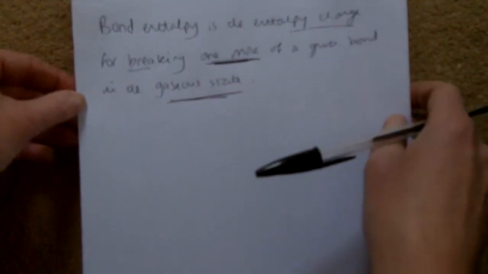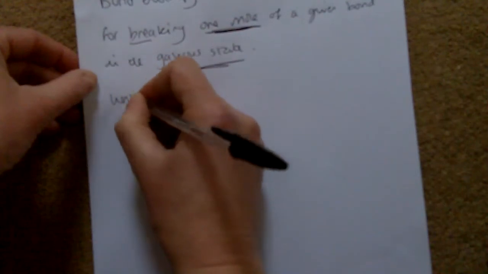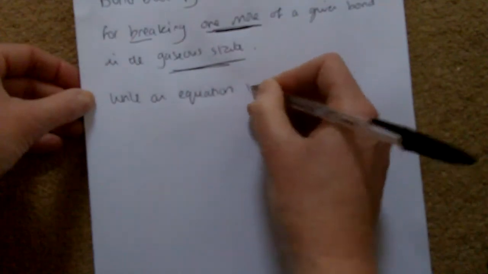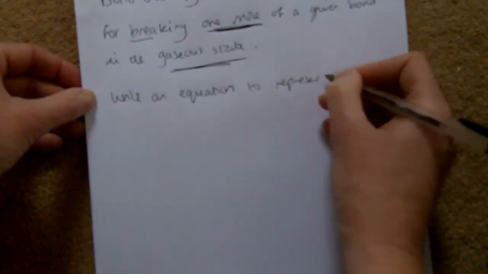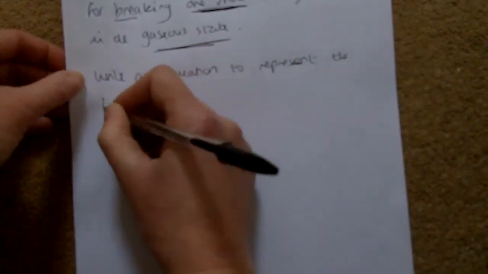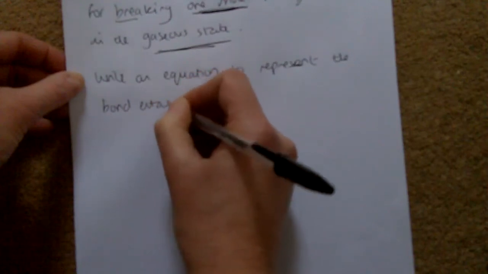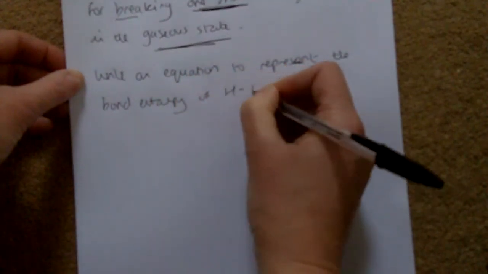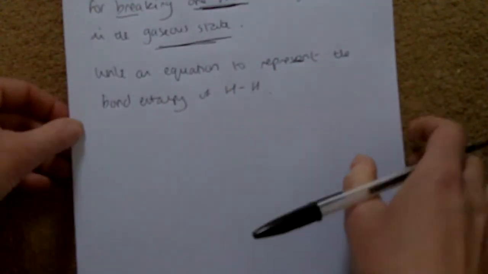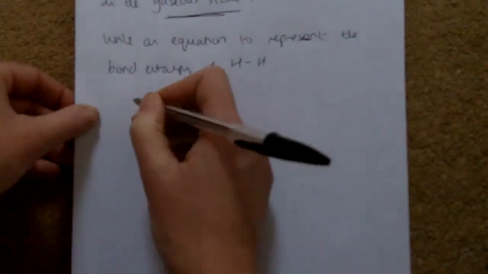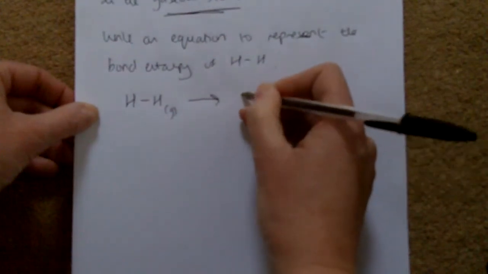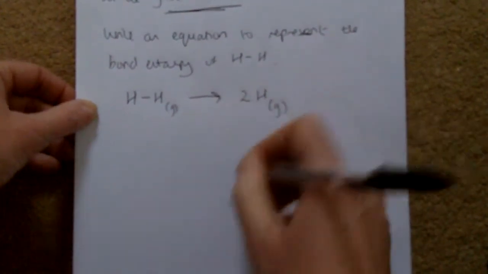So if I said to you, write an equation to represent the bond enthalpy of hydrogen, the bond in hydrogen, you would write: we're going to break that bond and we're going to get 2 single hydrogen atoms.